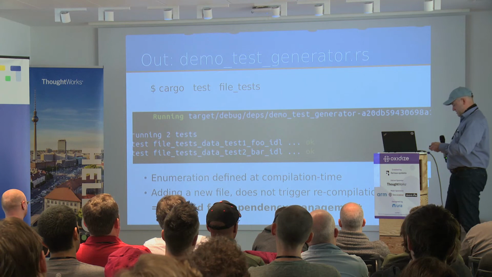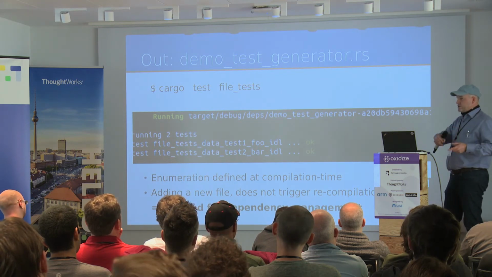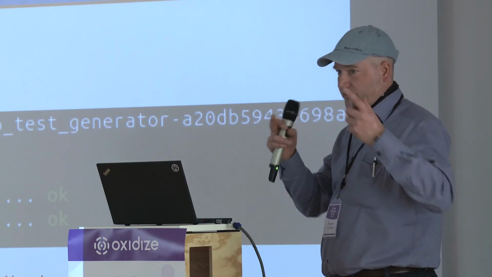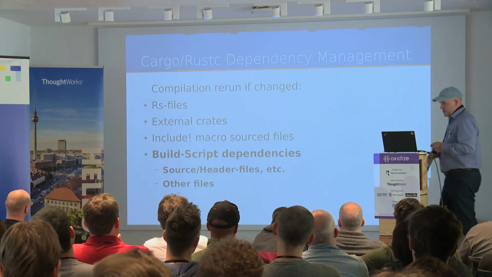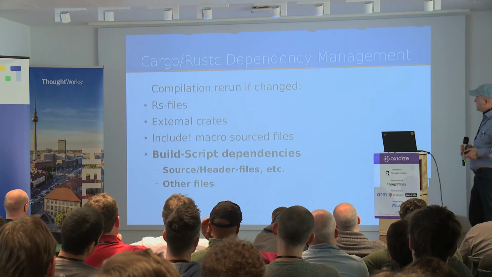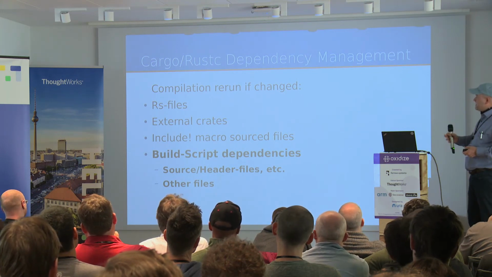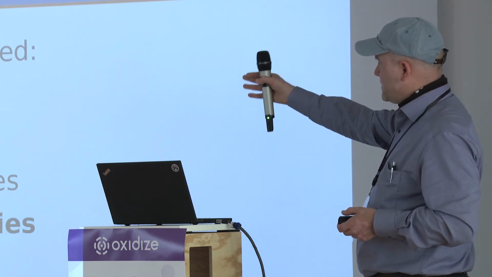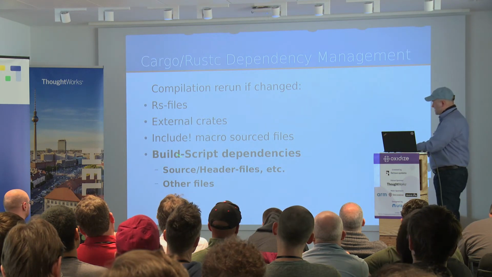So here we come to the question: how do we declare dependencies in Rust projects, regarding a crate? Cargo and the Rust compiler are able to handle different dependencies: the RS files, the Rust source files, external crates, and include macros, which is interesting.